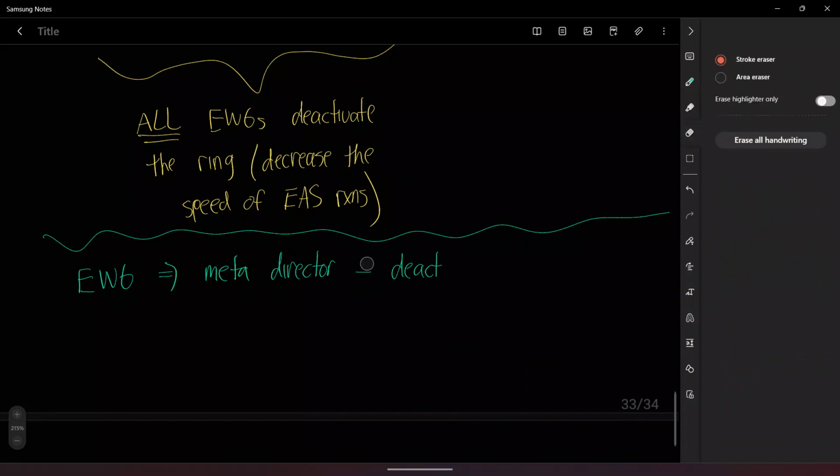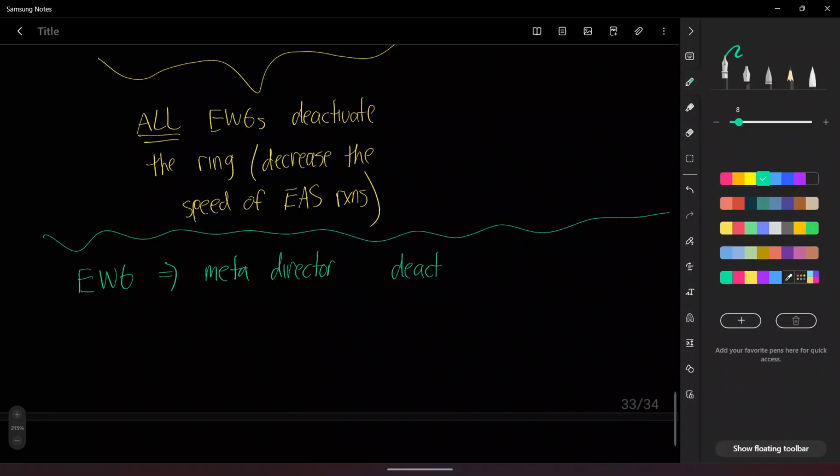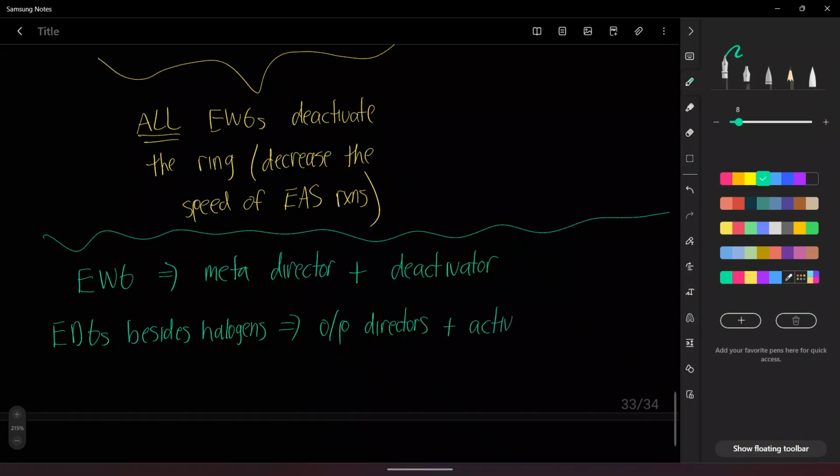Electron donating groups besides halogens will be ortho-para directors and activators.